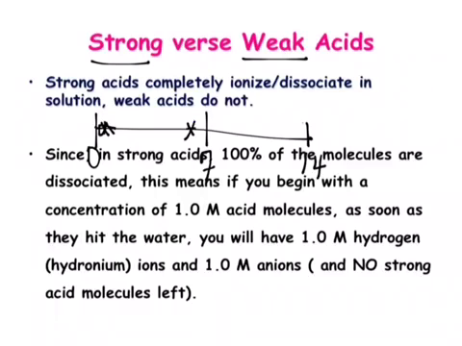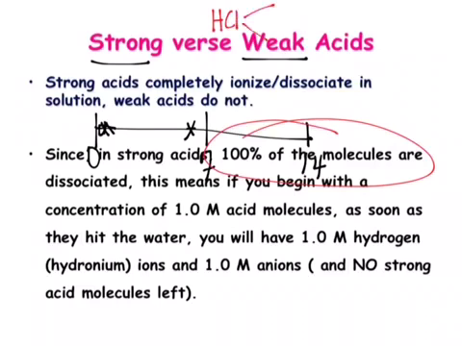Strong acid talks about the dissociation. How does it dissociate in water? If it dissociates 100% in water, it is considered a strong acid or base. So if I have hydrochloric acid and it dissociates 100%, then it's going to completely break up into hydrogen ions and chlorine ions.